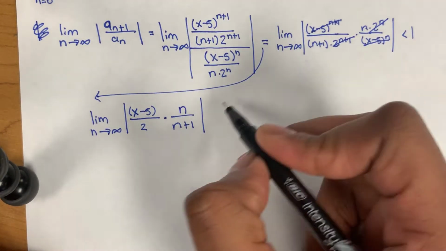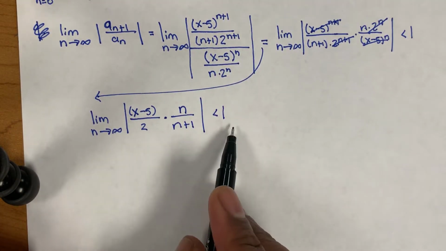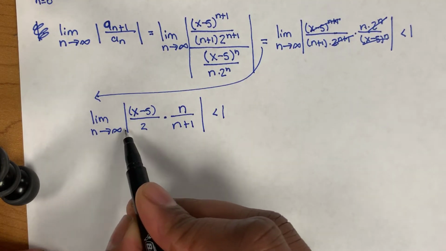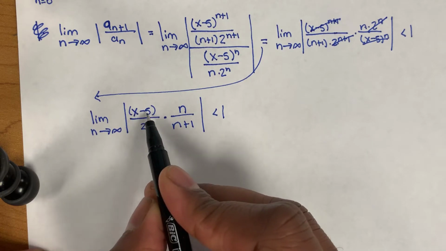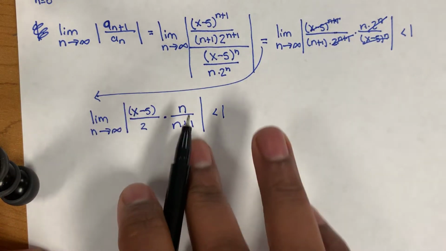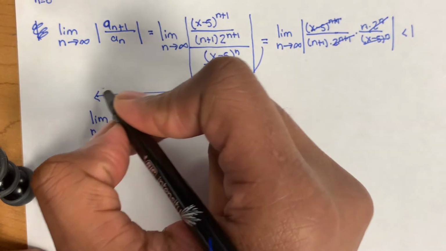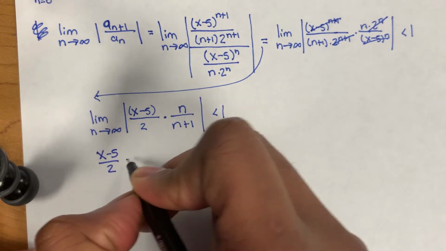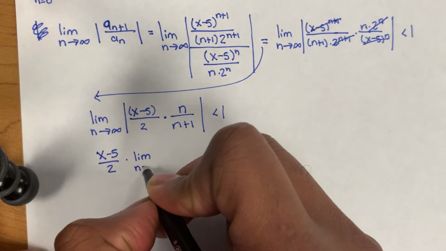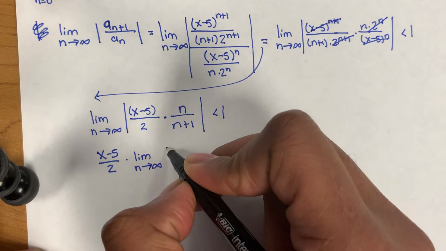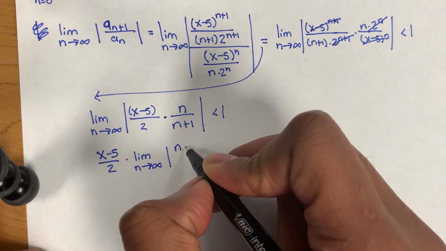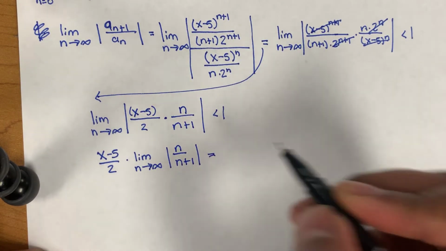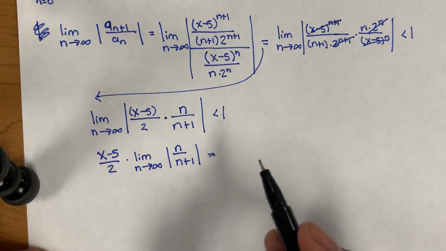So in this limit, again, this is still less than 1. This limit is for n approaching infinity, so our x minus 5 over 2 is irrelevant when n goes out to infinity. So we're going to switch this to the outside. We have the absolute value of x minus 5 over 2 times the limit as n approaches infinity of the absolute value of n over n plus 1, and we're going to keep writing this, remembering that this should be less than 1.